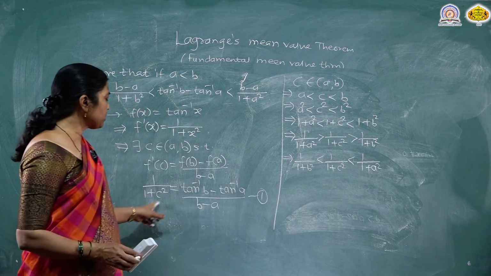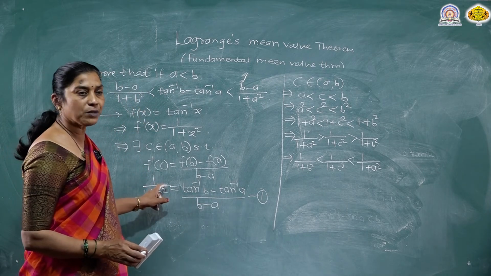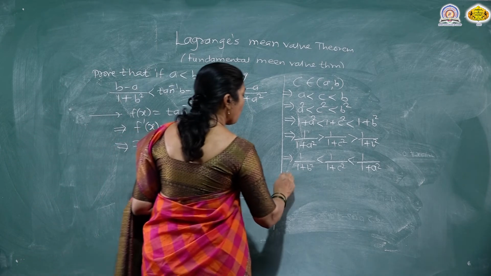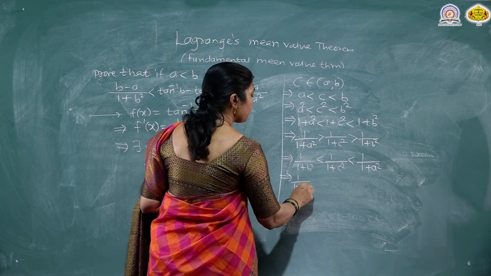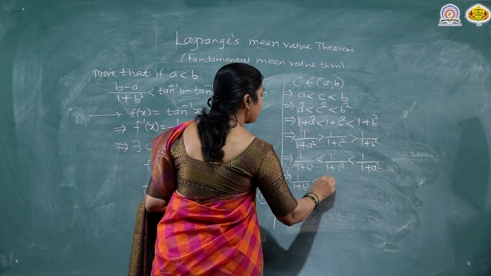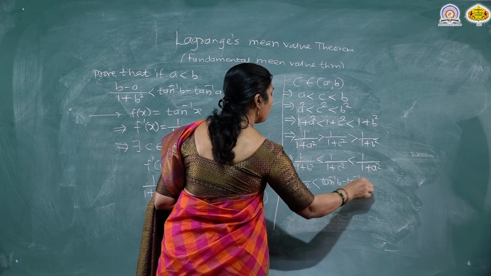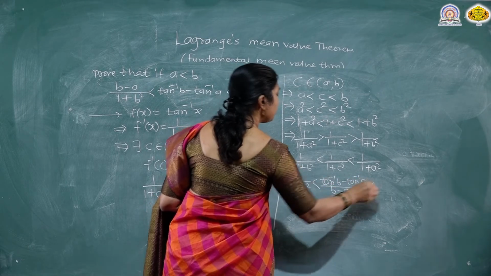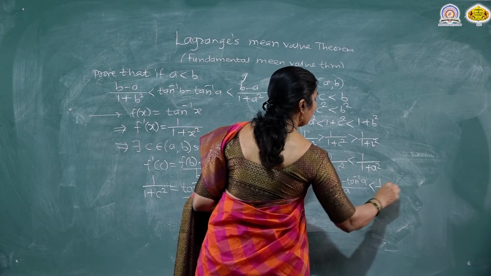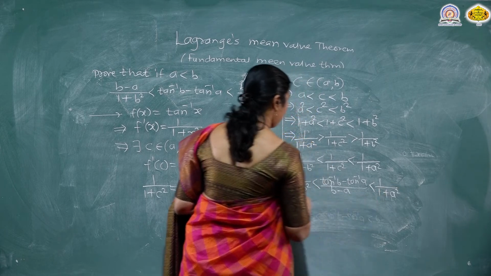So from the earlier relation we substitute the value of 1 upon 1 plus c square. What do we get? 1 upon 1 plus b square is less than (tan inverse b minus tan inverse a) upon (b minus a), which is less than 1 upon 1 plus a square.